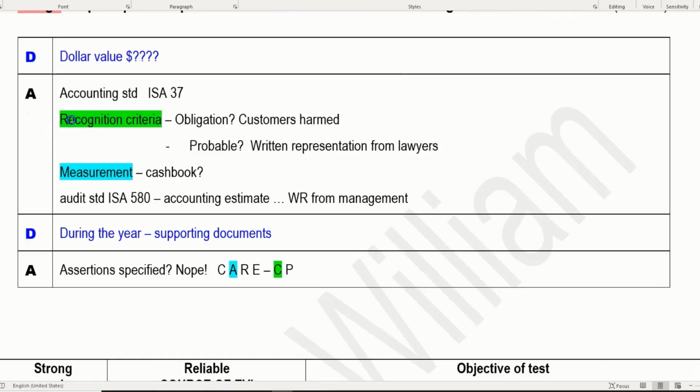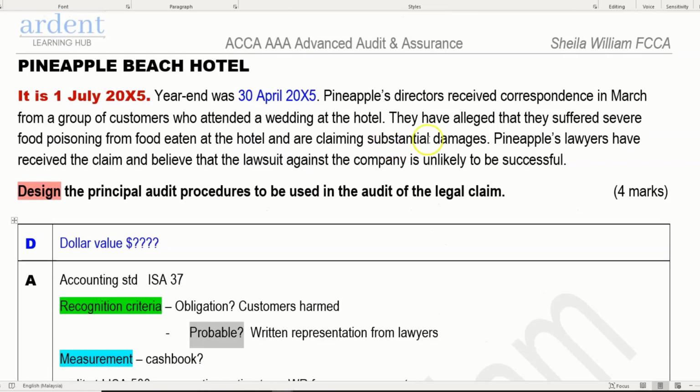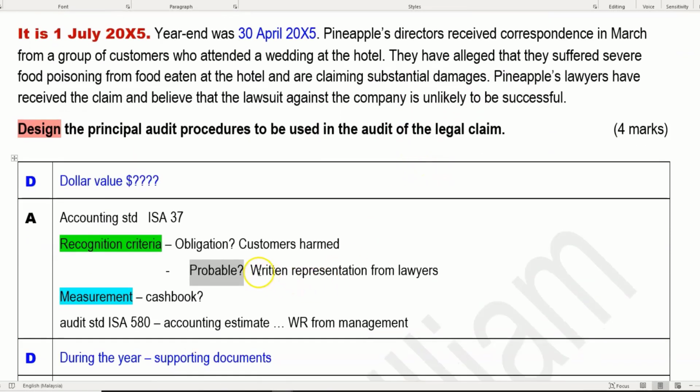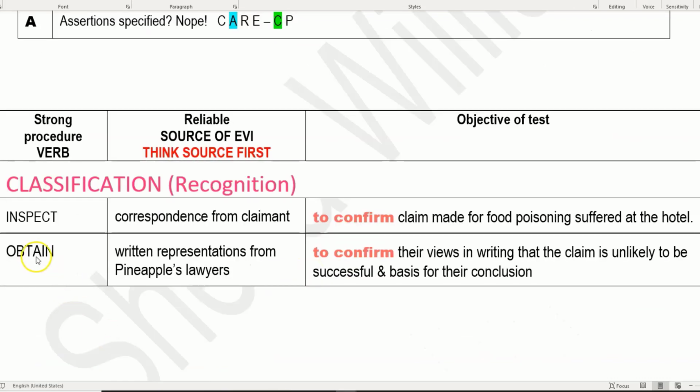In our plan, the second procedure here is to find out whether it is probable. And in this particular question, the lawyers say that it is unlikely to be successful, but we want written representation from the lawyers. So I've started off with the verb obtain. Go and get it from them. What is the source of the evidence? Written representations from Pineapple's lawyers. Why do you want to do that?